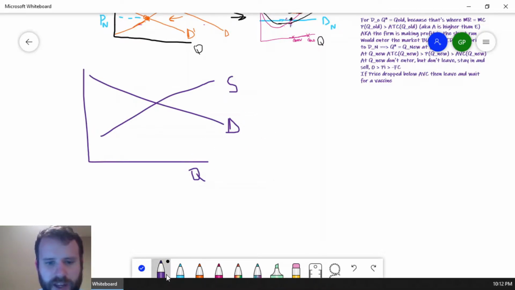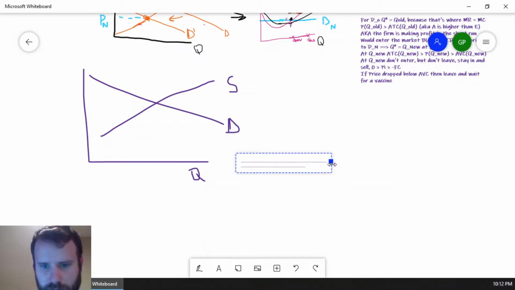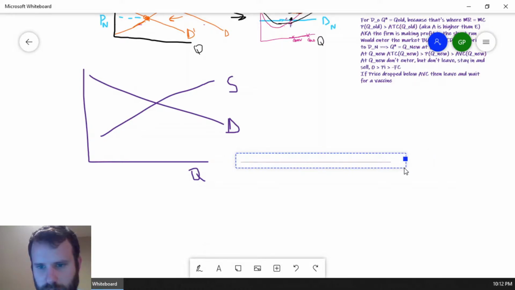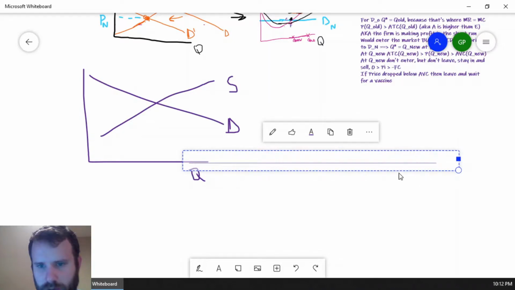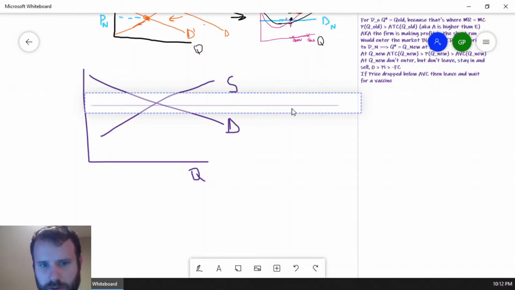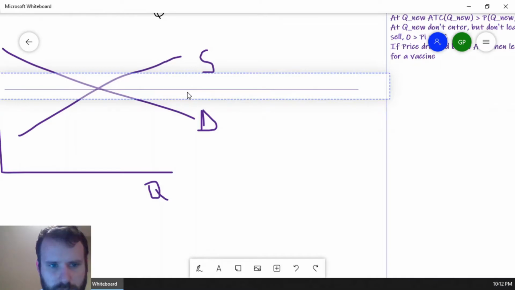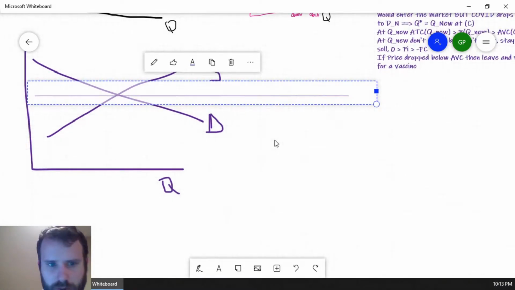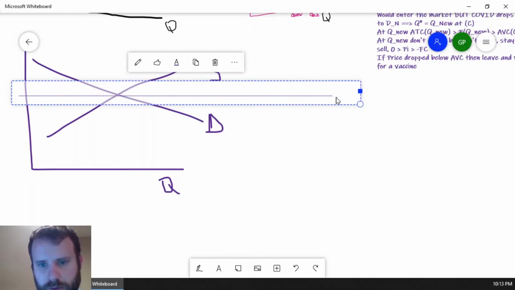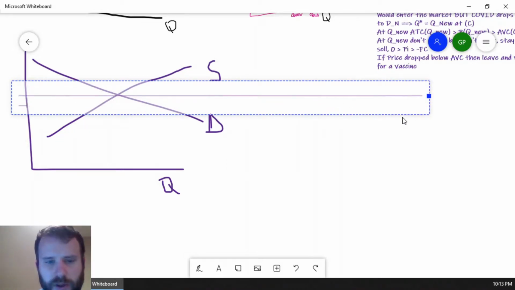And if there is a firm, you'll see why I'm doing this in a second. So we're going to translate this to the firm level in just a second.